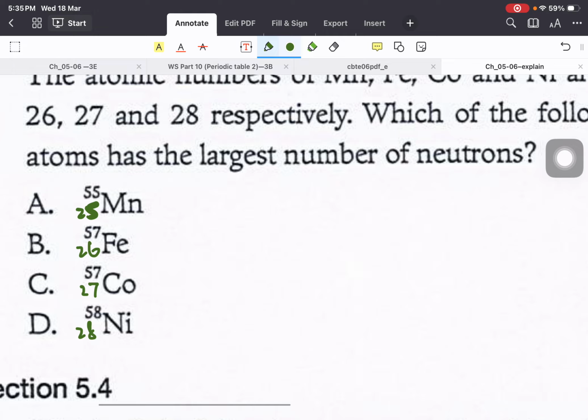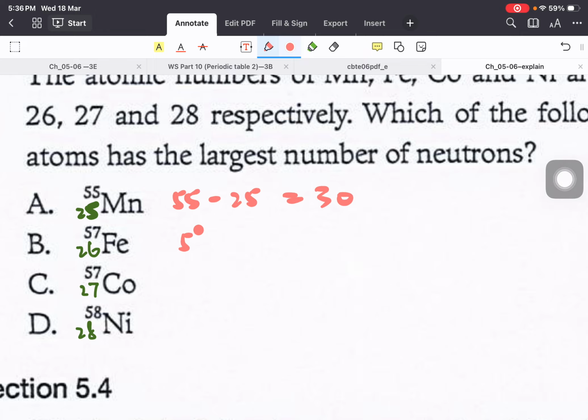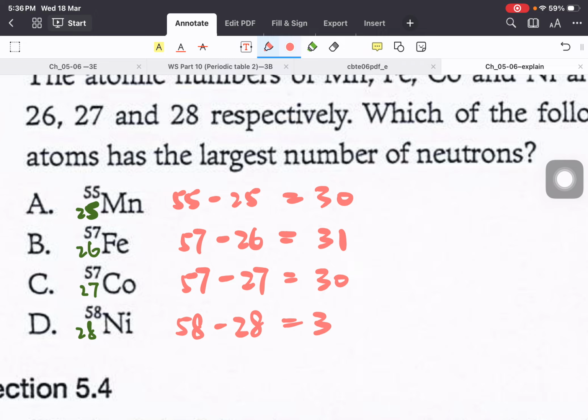So which one has the largest number of neutrons? So easy. 55 minus 25 equals 30. 57 minus 26 equals 31. 57 minus 27 equals 30. And 58 minus 28 equals 30.